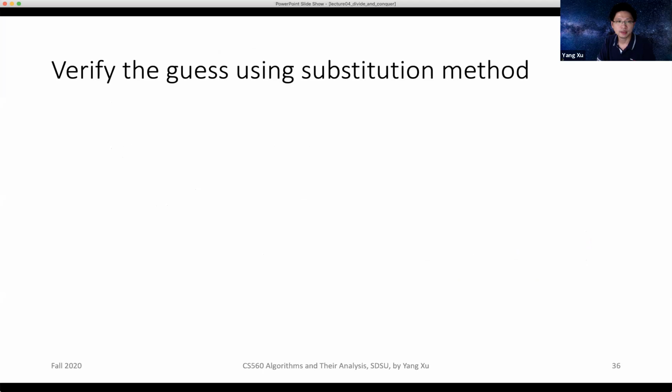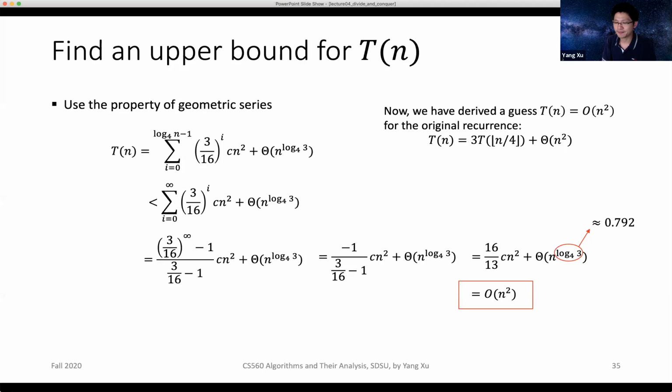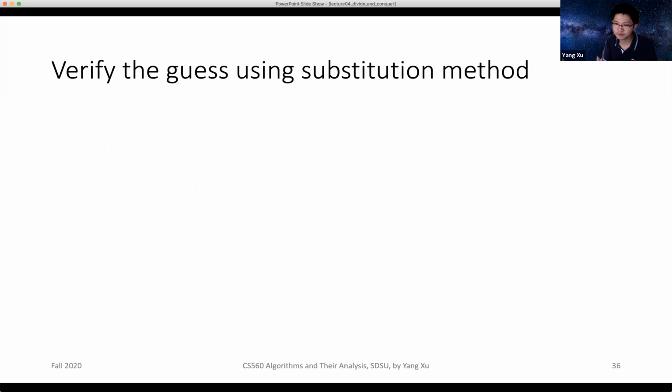Alrighty. So that is the recursion tree method done. And the goal of the recursion tree method is to help us come up with a guess of the solution. So technically, the big O of n squared is still a guess because we obtain it from drawing some trees. So strictly speaking, we still need to use the substitution method to prove that the big O of n squared is an upper bound of the original recurrence.